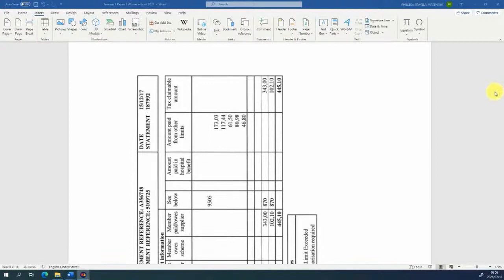Okay, then acute. Then you have acute medicine. So what is the meaning of acute?